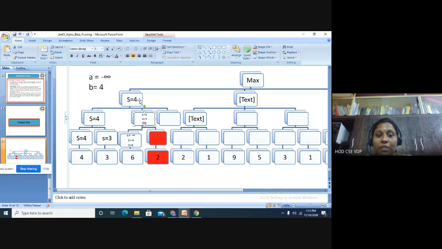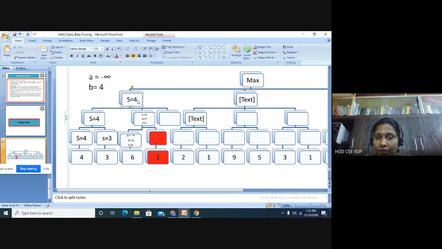So this plays minimization strategy. So when this plays minimization strategy, the initial value of alpha was alpha is equal to minus infinity and this is beta is equal to 4. Now what is beta is equal to? Beta will be equal to 6, correct? Because I have the node value as 6. So what would be the actual values of alpha and beta here?